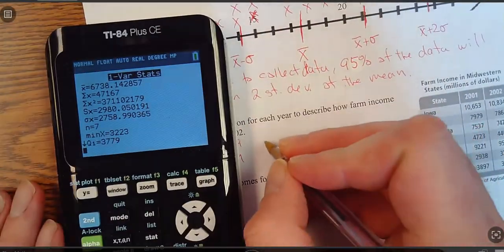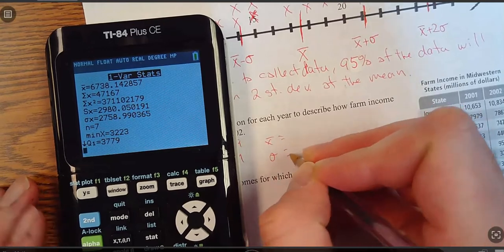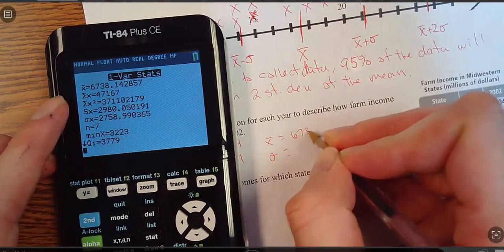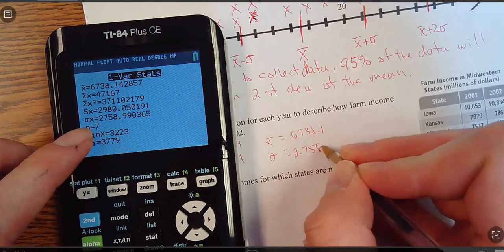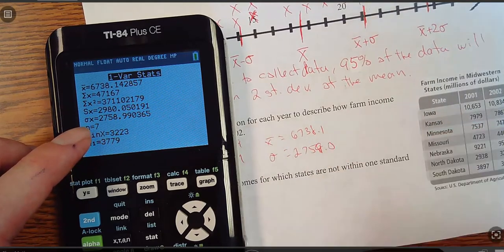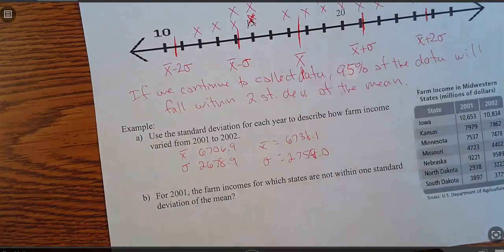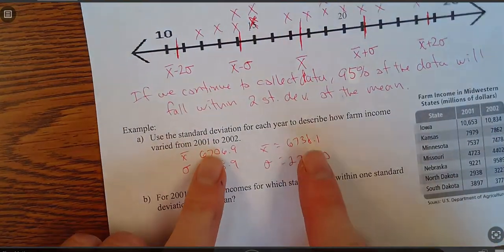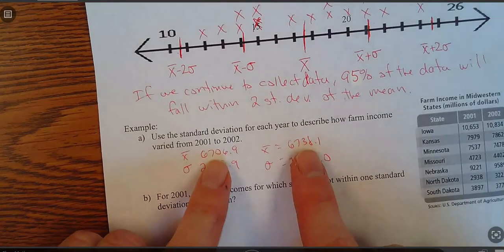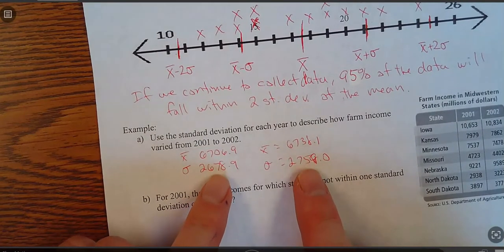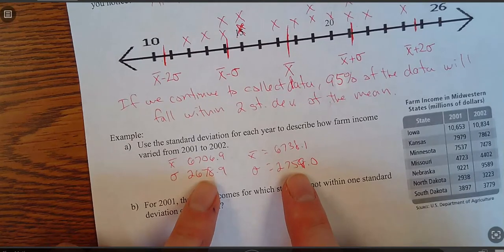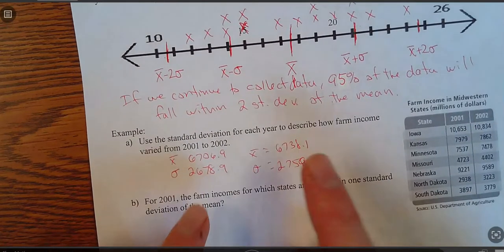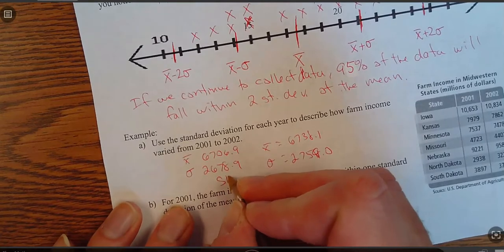So the average this year was 6738.1, and the standard deviation was 2759.0, we'll say, because that's pretty close. So the averages weren't too far off. In 2002 it went up a little bit, but the standard deviations changed quite a bit, going up a little bit. So slightly more variation.